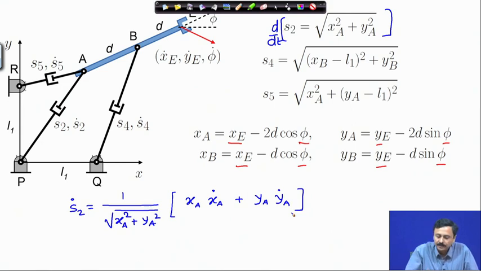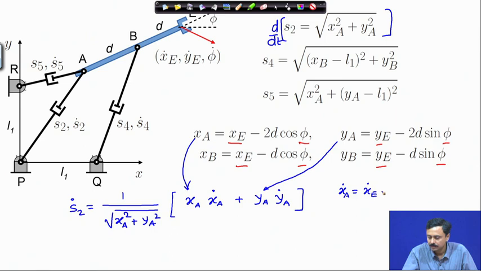this is what you have, and now you can replace x a, y a in terms of x e, y e and phi, and you can find out x a dot as x e dot plus 2 d phi dot sin phi.